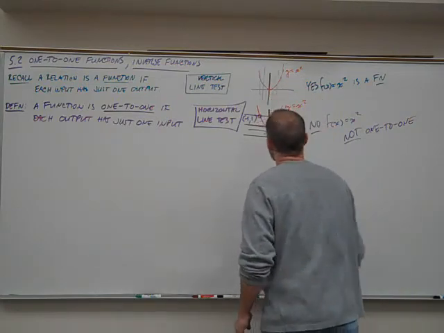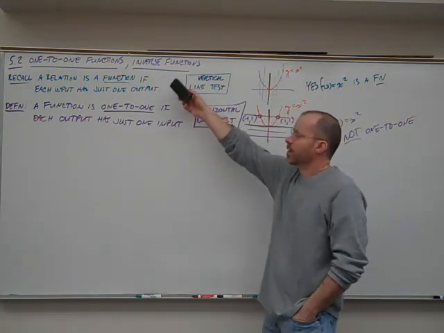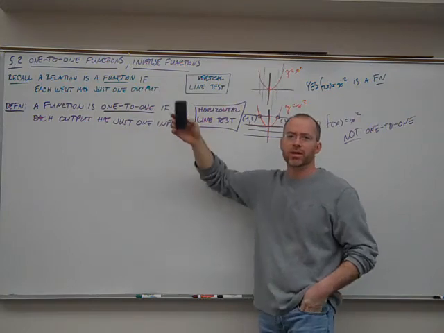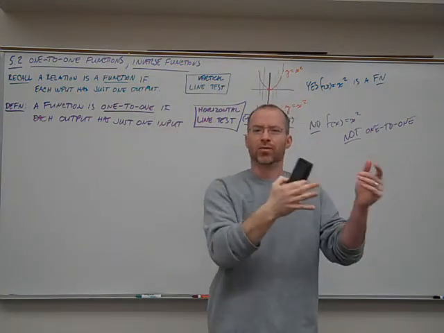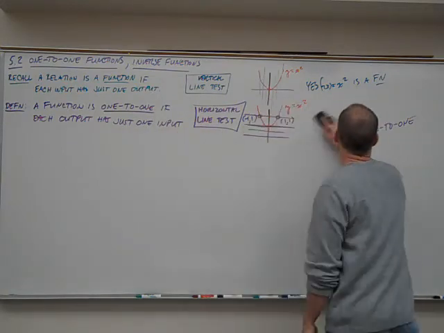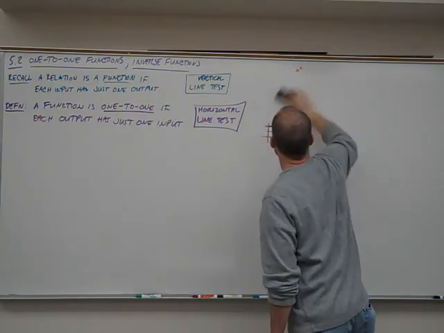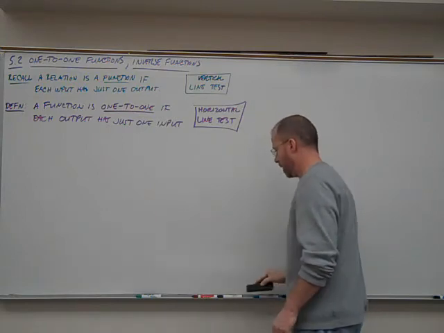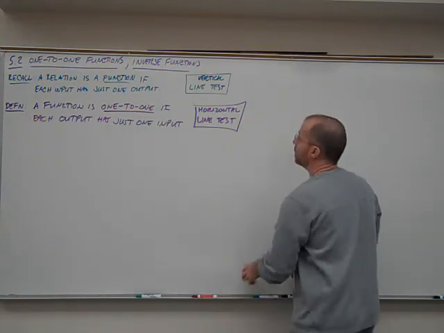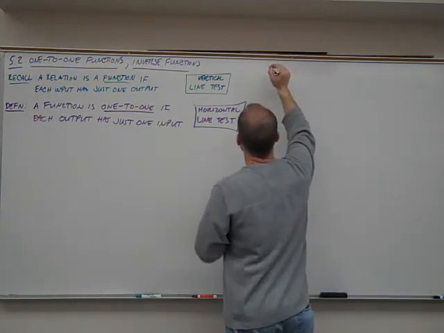Okay? Remember back when we defined functions for the first time, we looked at some relations and functions that were defined just by sets of ordered pairs. So let me give you an example like that you will see in the homework here.